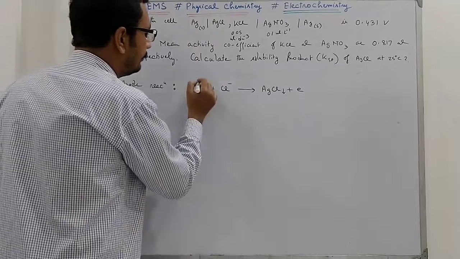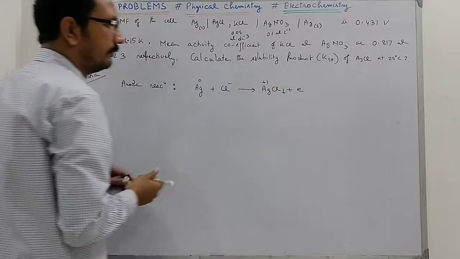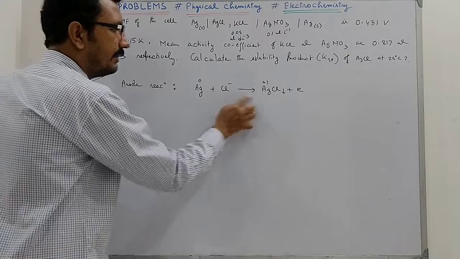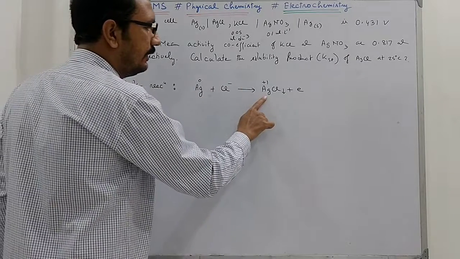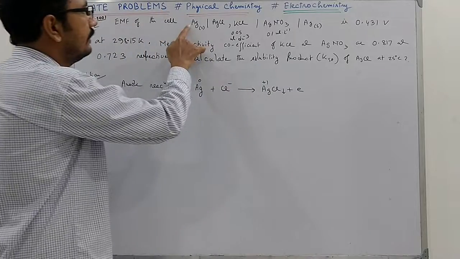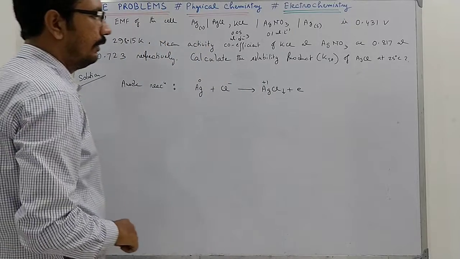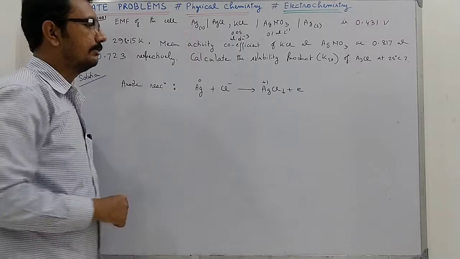Here the oxidation state is 0, but here it is plus 1. So Ag plus Cl minus arrow AgCl means this silver is releasing 1 electron, and you get it at the negative electrode, that is the anode.